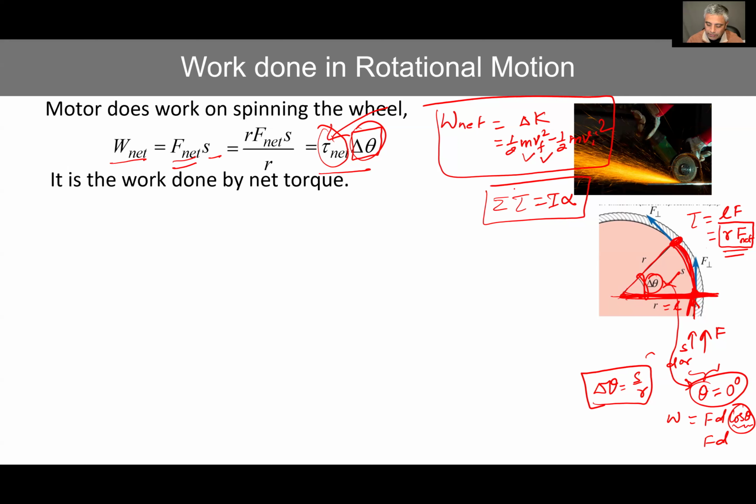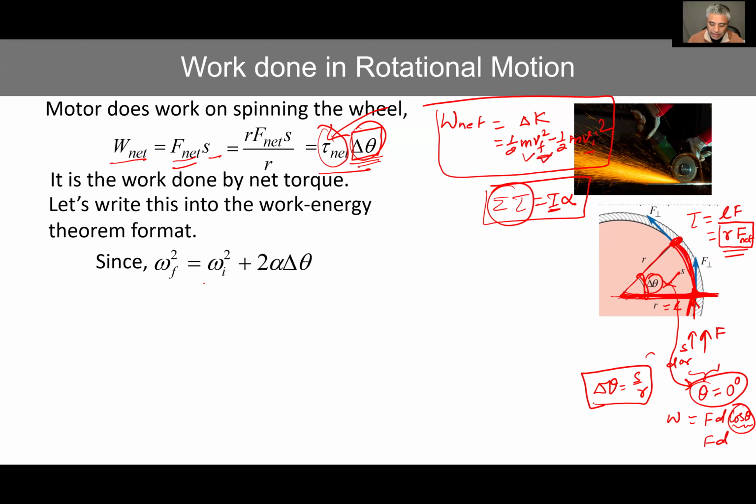So we want to replace this net torque by I, and we want to get rid of this delta theta by somehow V, but we cannot just replace delta theta by V because delta theta is not equal to V. Delta theta is related to V through this equation. So that's what we want to write. So V means in this case angular speed. So that's why you see this.